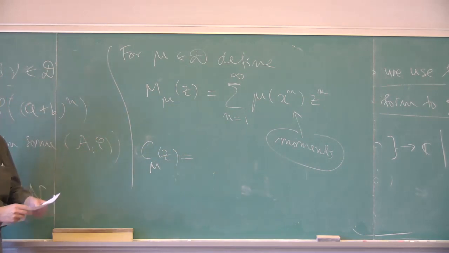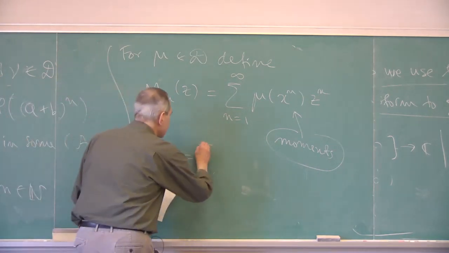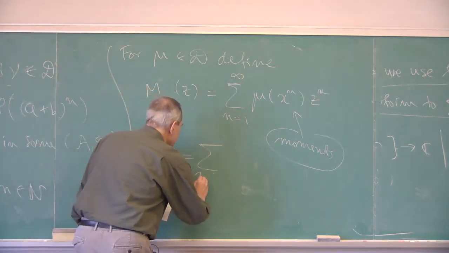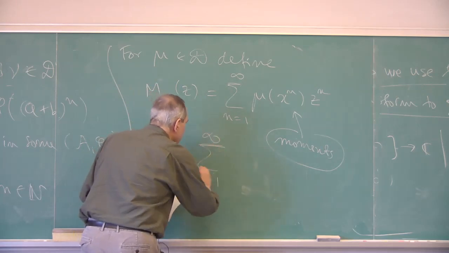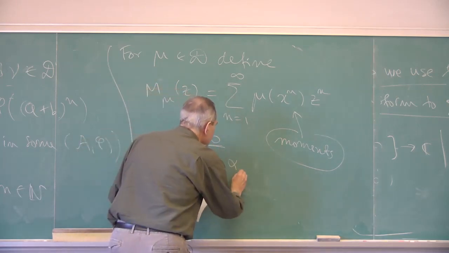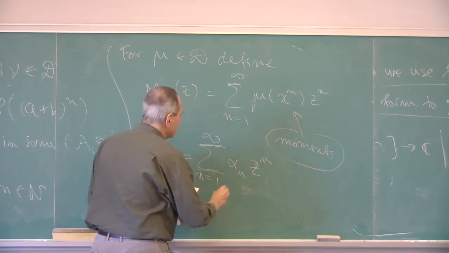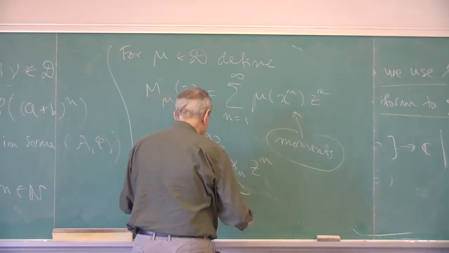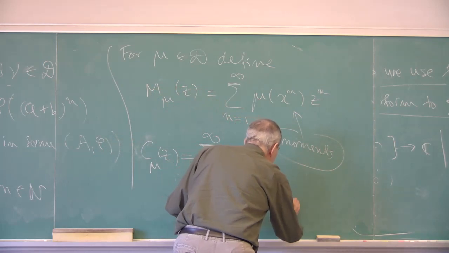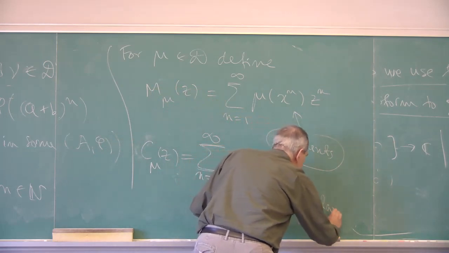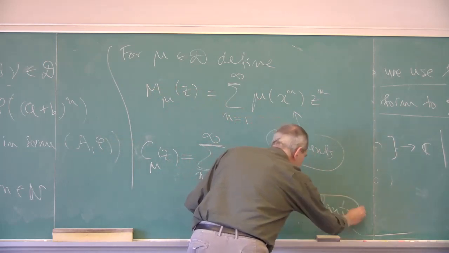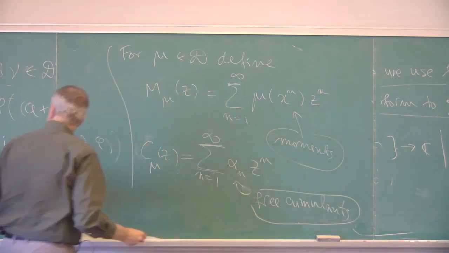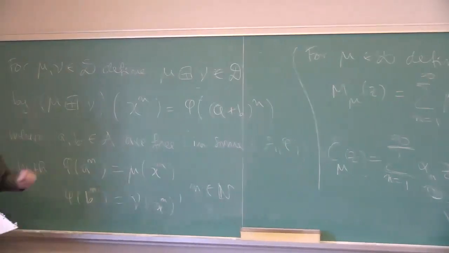This is pretty much an R-transform, normalized in this homogeneous way, where alpha n is the free cumulant of order n of mu, meaning that of the A which represents mu.